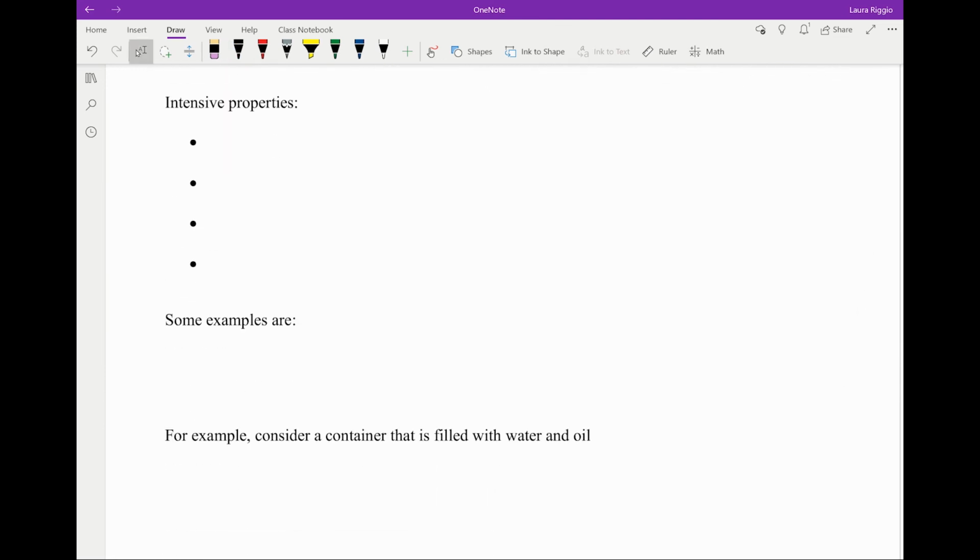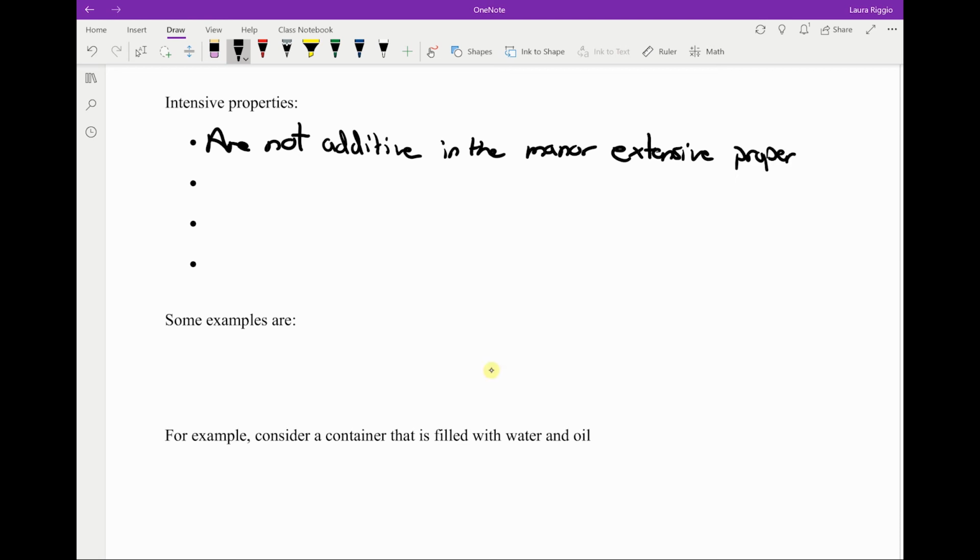On the other hand, intensive properties are not additive in the same way that extensive properties are.